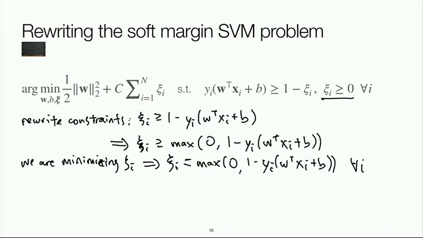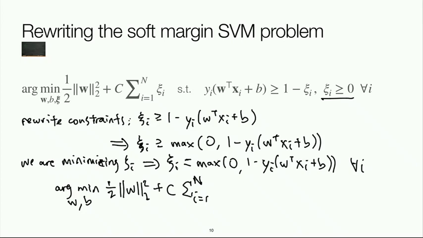So my new unconstrained optimization problem is going to be a minimization over just w and b, right? Because we know what the xi's need to be, so we're no longer minimizing those. We have expressions for those, right? Of basically the objective that we had before, but with this value of xi that I have found.